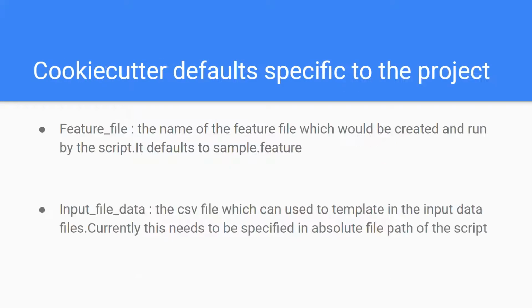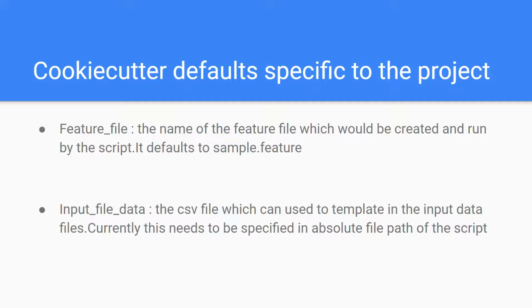We already talked about these, but these are the two settings from the cookie cutter which are specific to this project. One is the feature file, and as I mentioned, if you do not give a name, the program will create something called sample.feature by default.